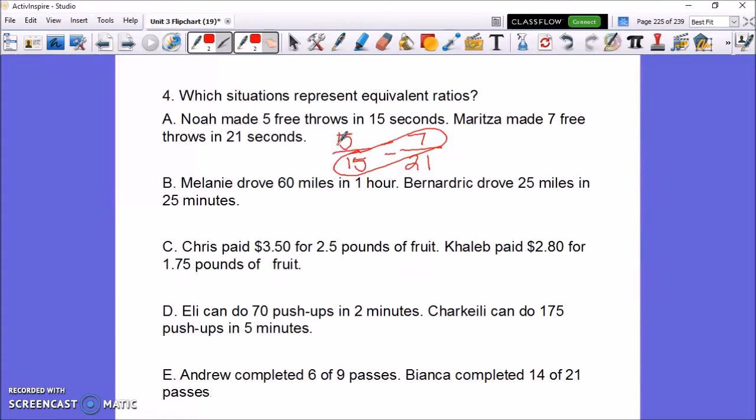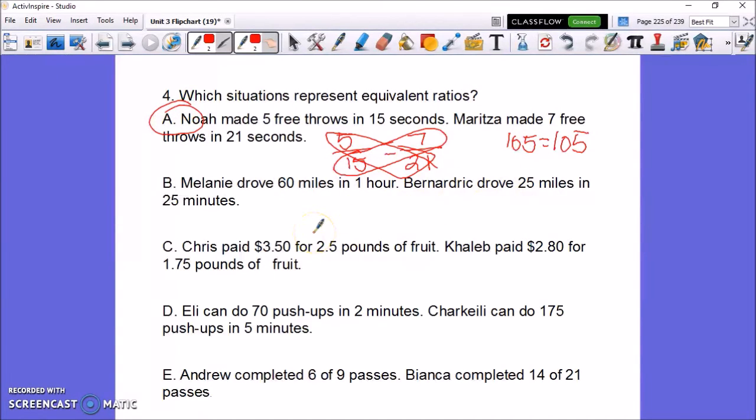So 15 times 7 gives us 105. And then 21 times 5 also gives us 105. Since those are equal or equivalent, that gives us equivalent ratios.